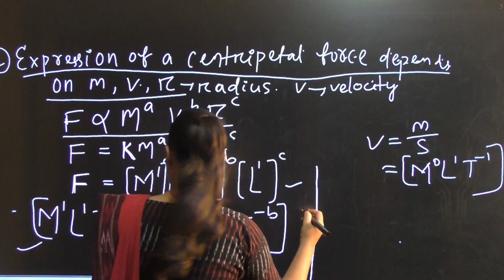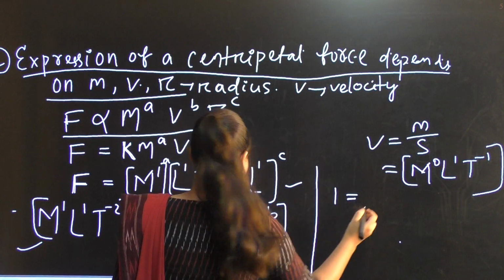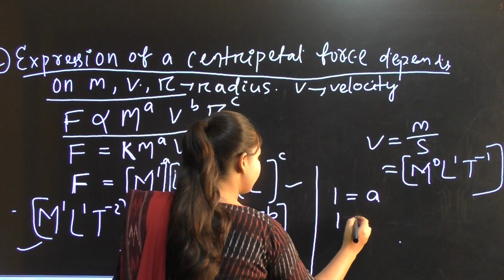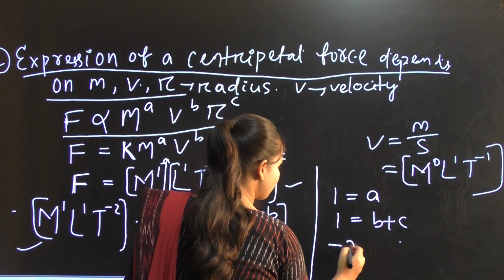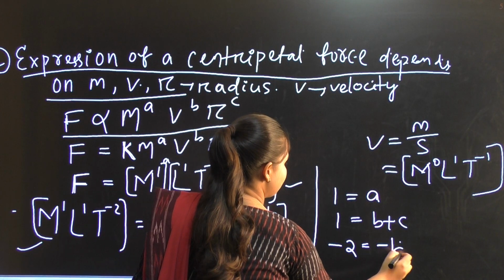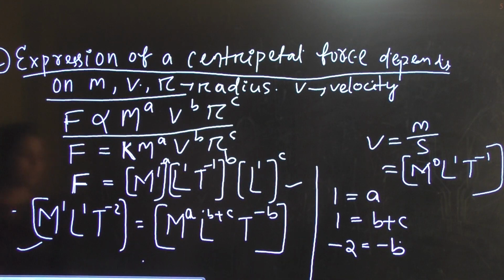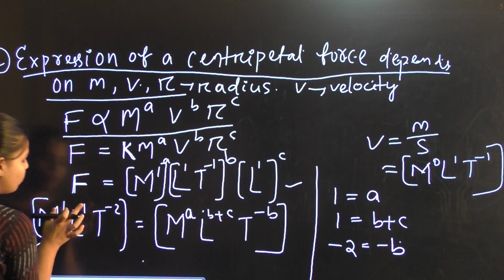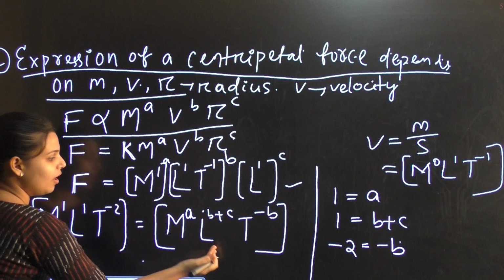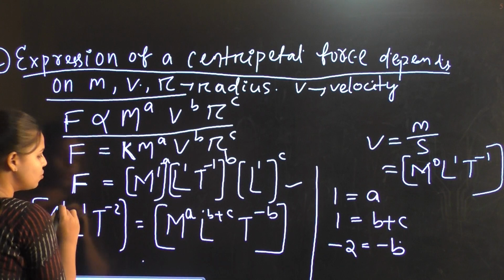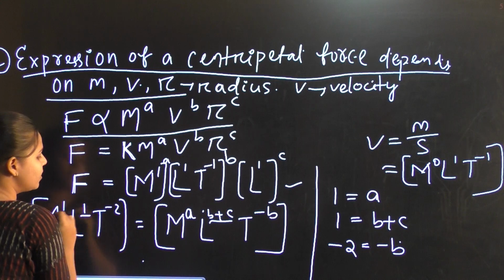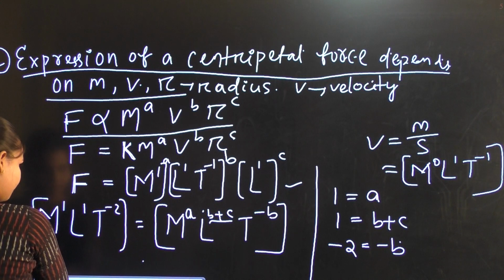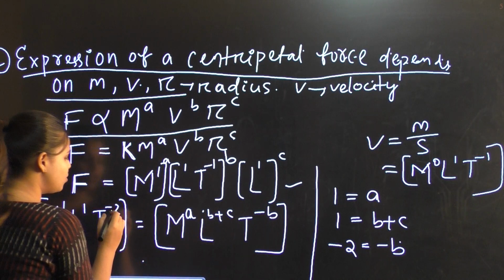Here minus 2 equals minus b. The power of M on both sides must be equal, and the left side is equal to the right side. So 1 equals a, and 1 equals b plus c, and minus b equals minus 2.